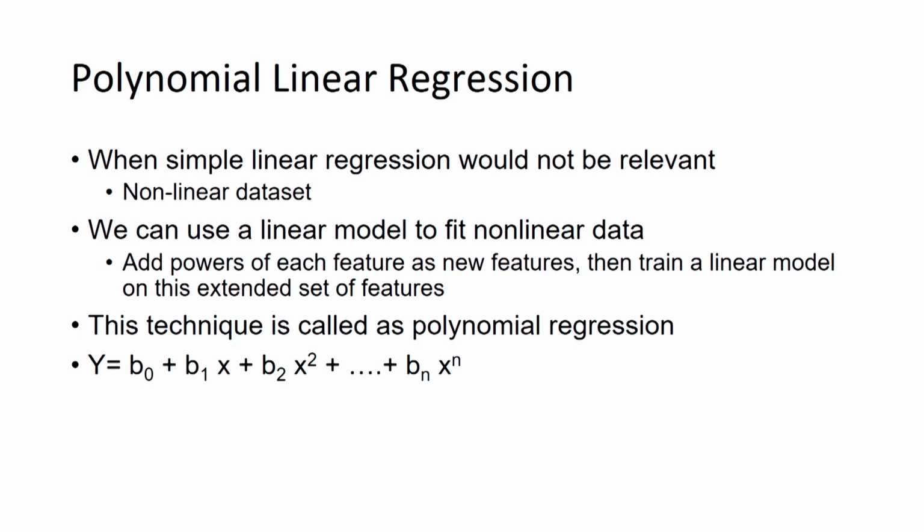In this case we will add a few more features, that is, suppose x square, x cube and so on, and then our model will become y is equal to b0 plus b1 x plus b2 x square plus b3 x cube and so on. So, we will need to decide how many powers we are going to add in our model, or how many new features corresponding to different powers of these independent variables we are going to add.